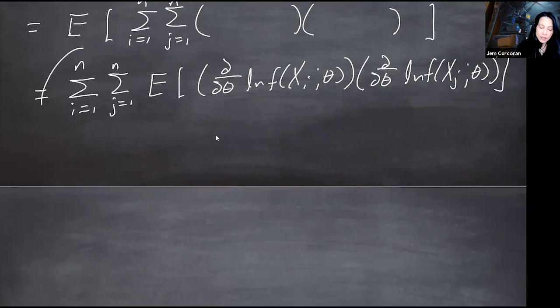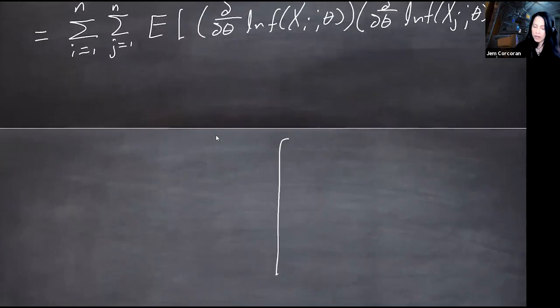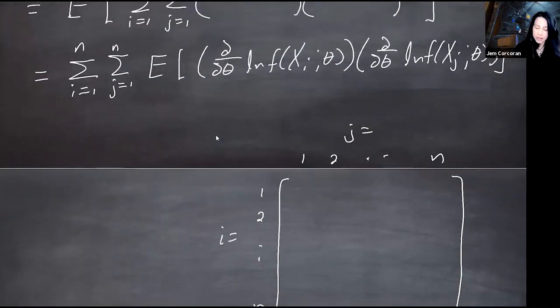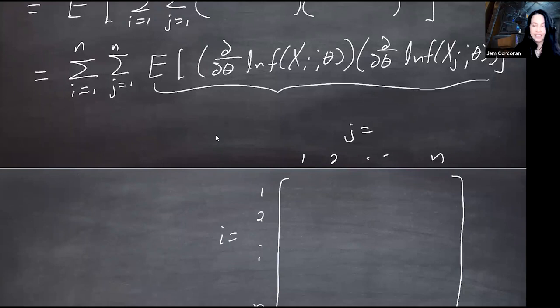And you can see that there's a sum over i and a sum over j. There's a total of n squared terms. For me, it helps to organize them in terms of a matrix, like say i is 1, 2, up through n, and then j is 1, 2, out through n. And think of the ijth entry of this matrix as this expectation. When we're on the diagonal of this matrix, i equals j, and we have a certain expectation.